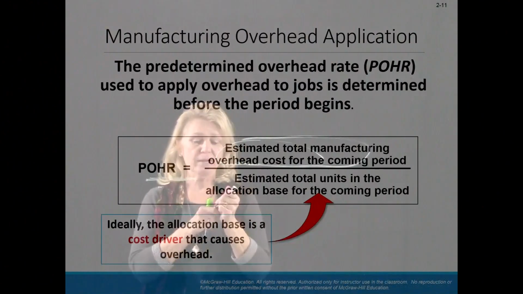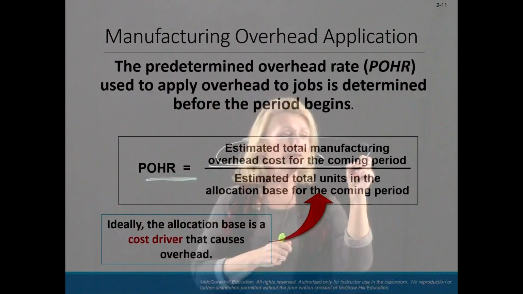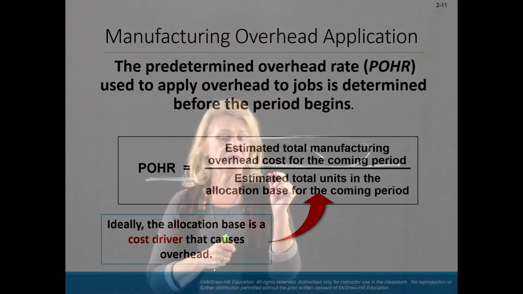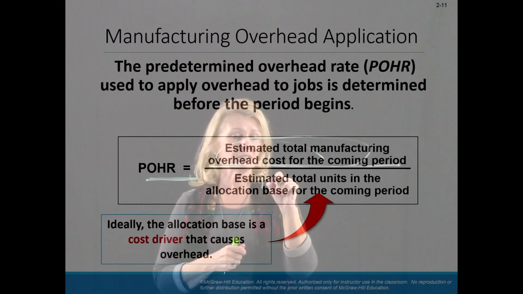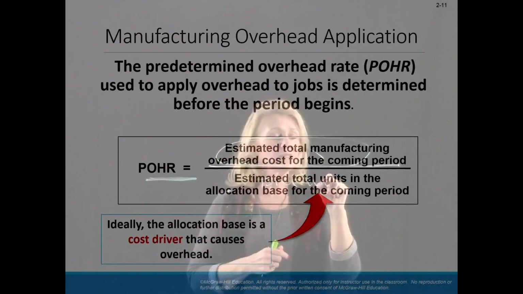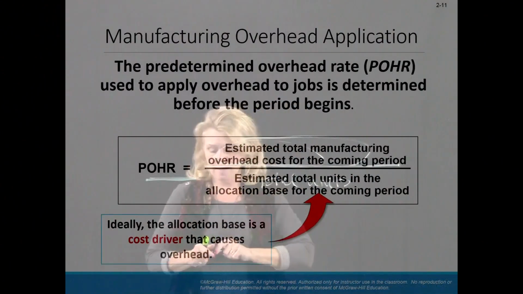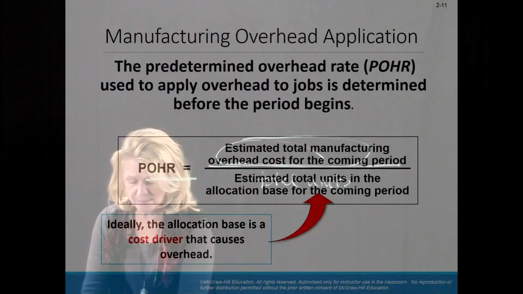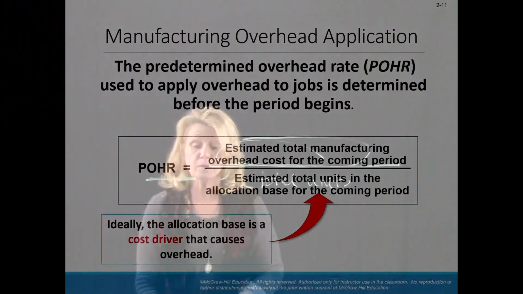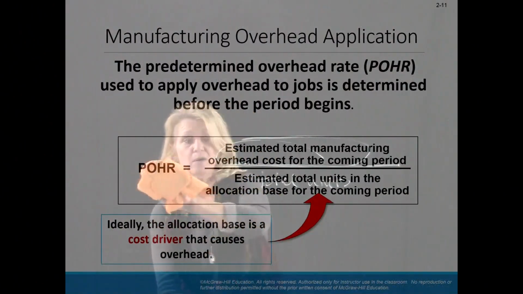And now we take whatever we've determined our allocation base is, and we divide it by that total number of units. In this situation, we're going to say it's allocated based on labor hours, direct labor hours.